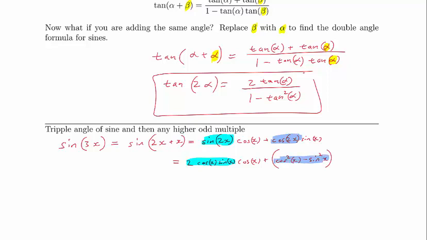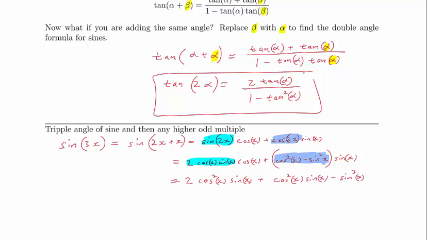Okay, here's our substitution value there with a little sine x right there. All right, and so this is going to simplify down. And so we have 2 cosine squared x sine x plus cosine squared times sine x minus sine cubed x.